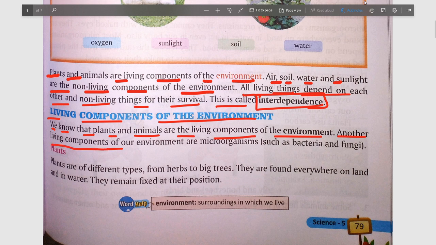Another living component of the environment is microorganisms. Microorganisms are very small, tiny organisms. They are so small that they cannot be seen with naked eyes. If we want to see them, we have to take the help of a microscope, such as bacteria and fungi.